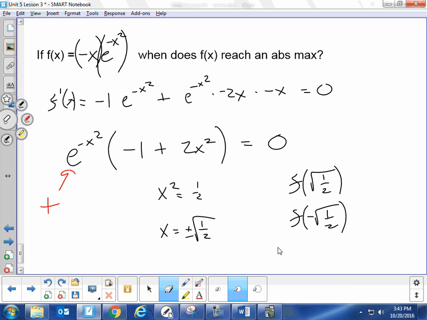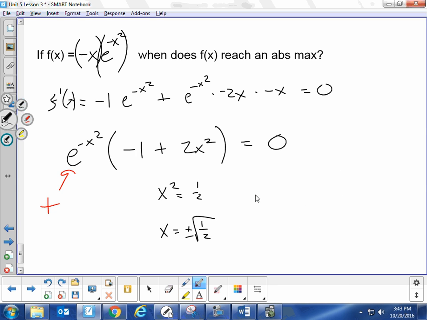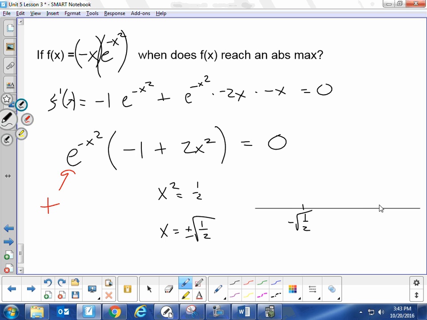So I actually need to go about this another way. I need to start by seeing what's going on around these numbers. So I'm going to do my first derivative test, which is just plotting down our values and examining the signs of my first derivative.